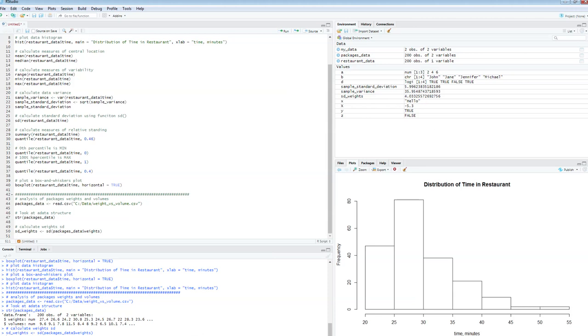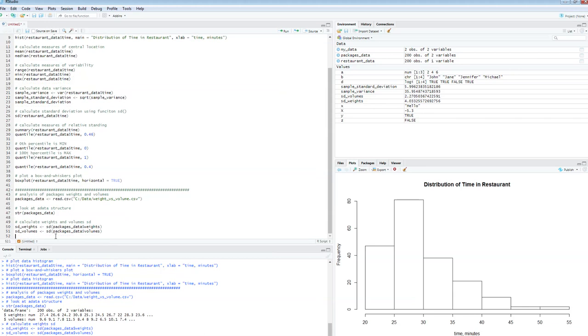And I'm going to do the same exact thing for volumes. I'm going to call it SD_volumes, same thing, packages_data, dollar sign, but this time I pick the other column, which is volumes. And I run this line.